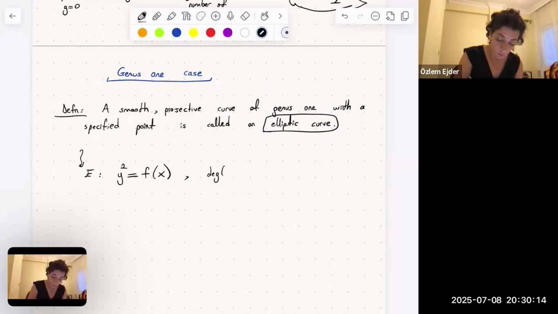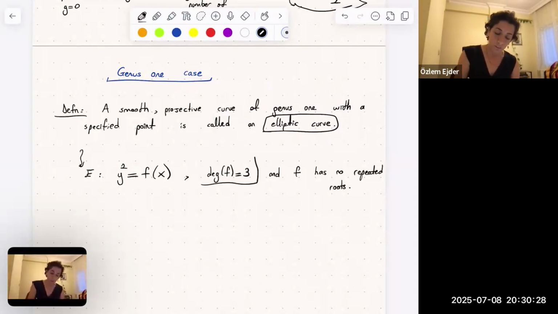One is that the degree of f is 3, so this is a cubic polynomial. And that f has no repeated roots.